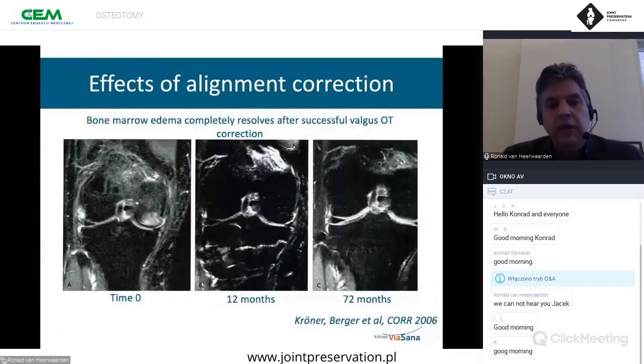This is a bone scan, conventional bone scanning. This is just to show how high tibial osteotomy works. Bone marrow edema at time 0, 12 months after, and 72 months after. And the diseased medial compartment at 72 months is not irritated anymore, as in a bone marrow edema signal.